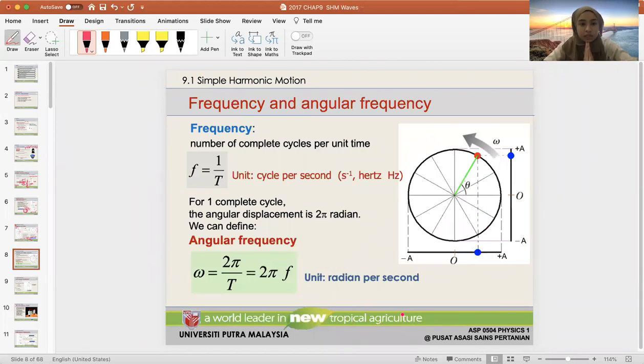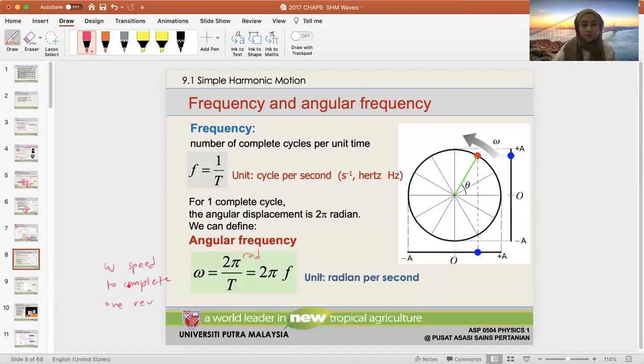Okay, so frequency is 1 over T, 1 over period. Angular frequency is given by 2 pi f or 2 pi over T. You've seen this equation before. Radian per second. 2 pi is radians. Omega is the speed to complete 1 revolution.